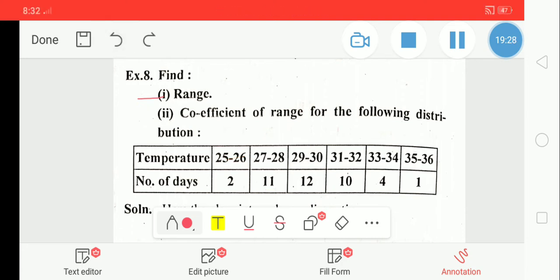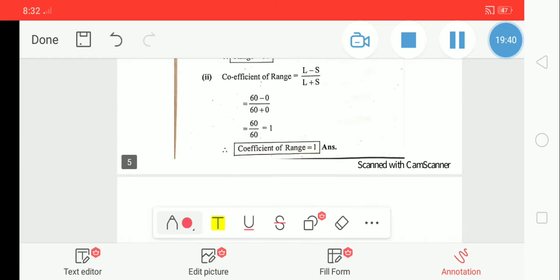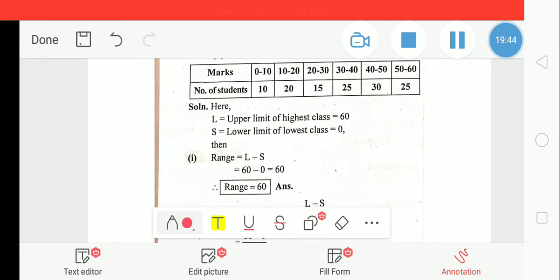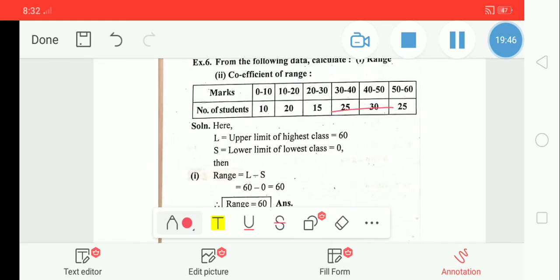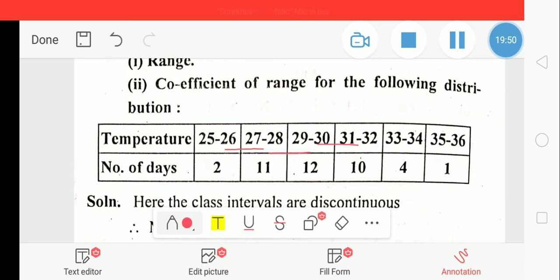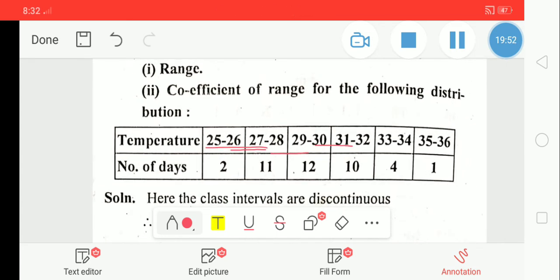In this distribution the classes are not continuous. In the above example they were continuous, 0 to 10, 10 to 20, but here 25 to 26 and 27 to 28 are not continuous. So we convert it into a continuous form.